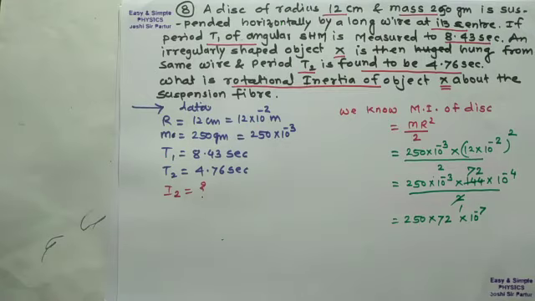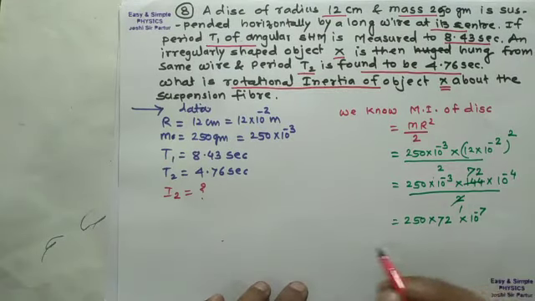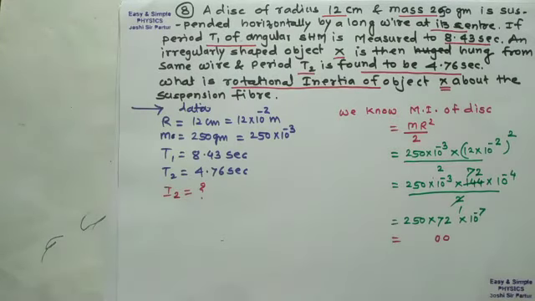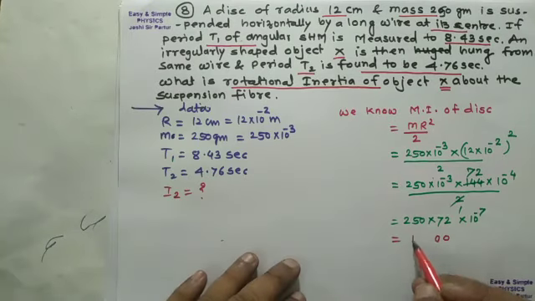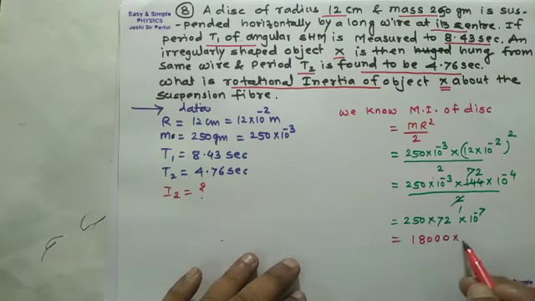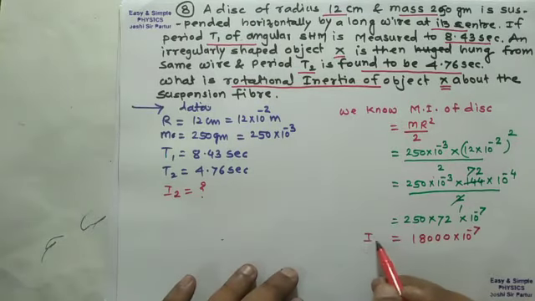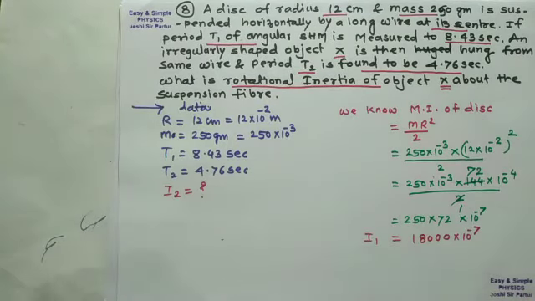If we multiply 25 into 72, it will be 0, 25 into 2, 5 is remaining, 25 into 7, that is 175, and 5, 180 into 10 to the power minus 7 will be the moment of inertia for the disc, that is I1.